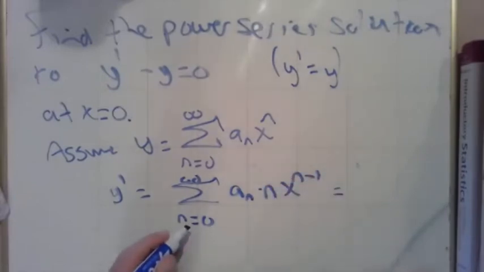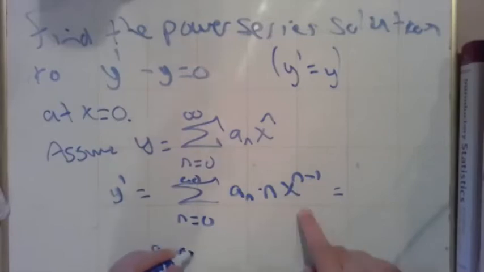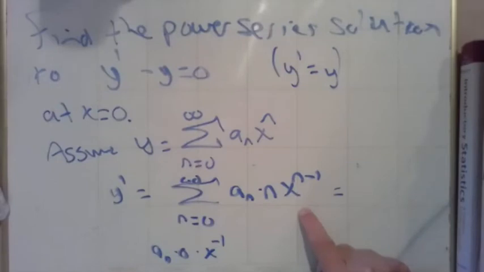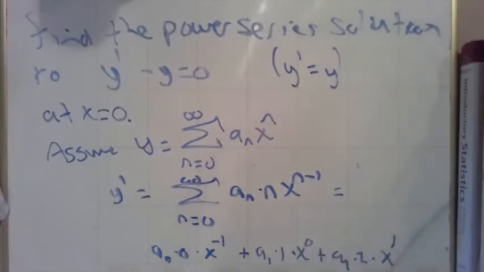I'm going to plug in n equals 0. I get a0 times 0 times x to the negative 1. Plus, plug in 1: a1 times 1 times x to the 0, plus a2 times 2 times x to the 1, and so forth.